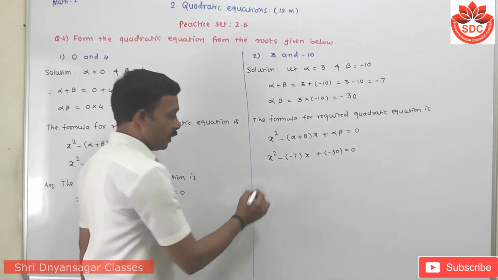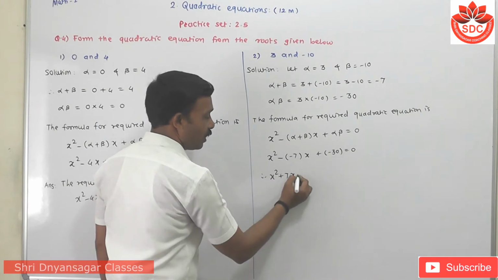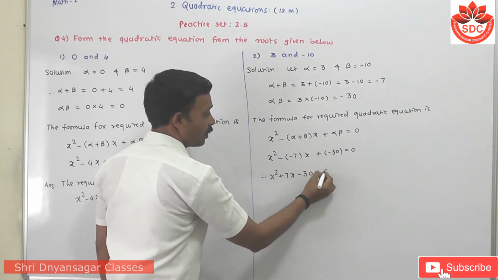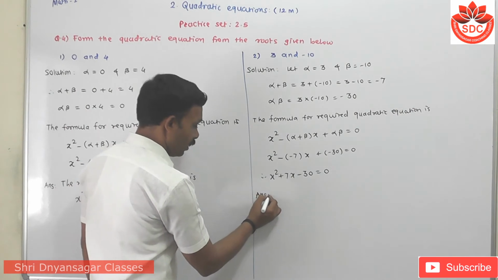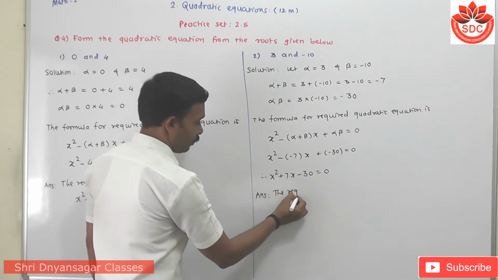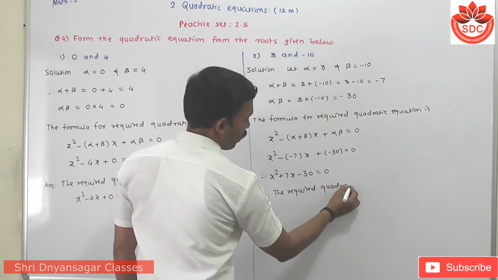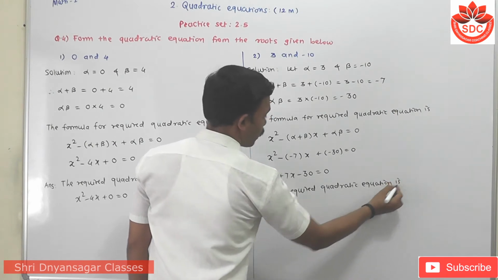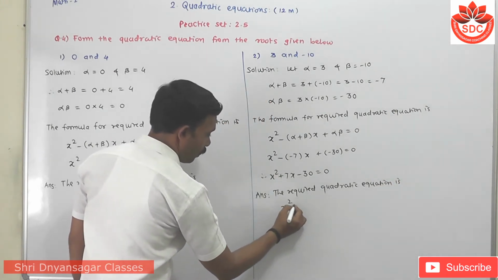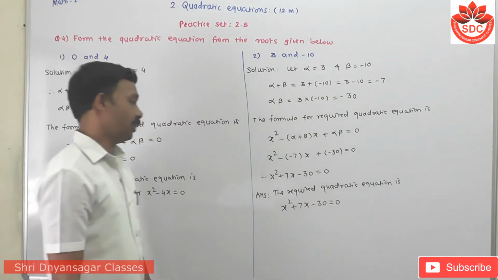Then minus times minus gives plus, so x square plus 7x minus 30 equals 0. Answer in a full sentence: the required quadratic equation is x square plus 7x minus 30 equals 0.